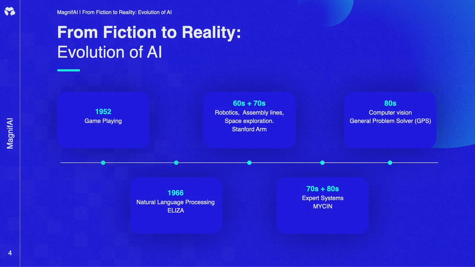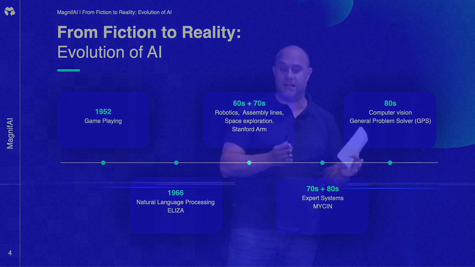So how did we get here? AI is not a new concept. 70 years ago, in the 1950s, there were systems that could play games like checkers and chess. So back then, we were already using machine learning somehow to perform these kinds of tasks.